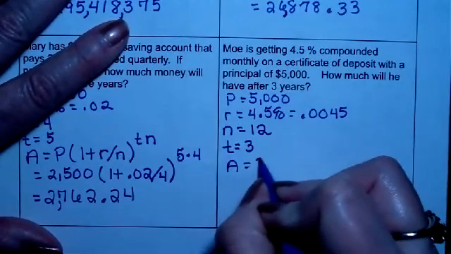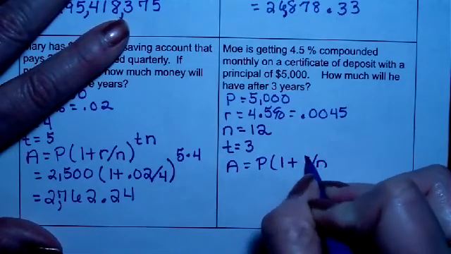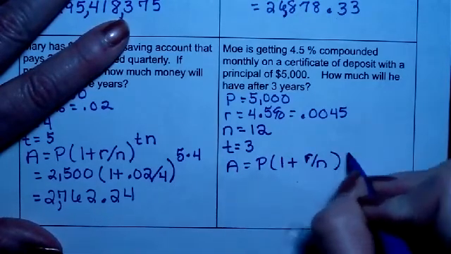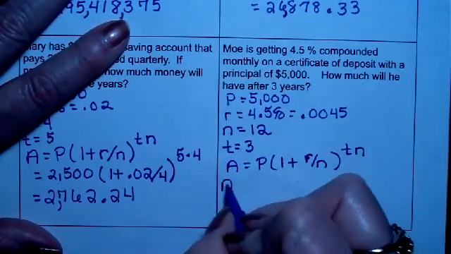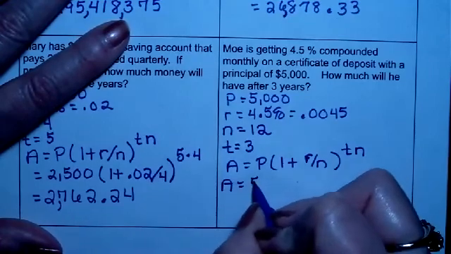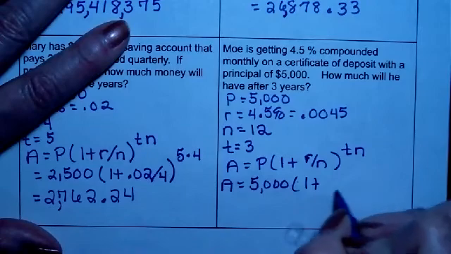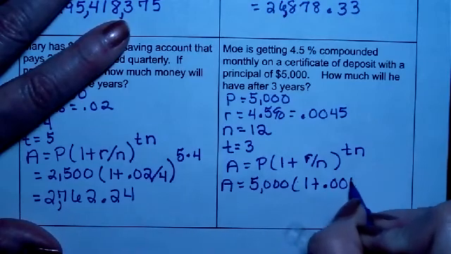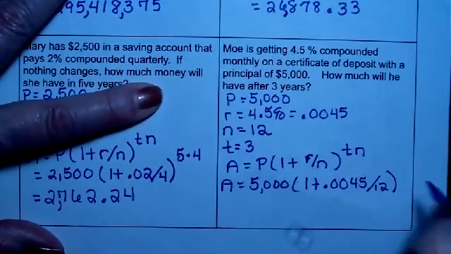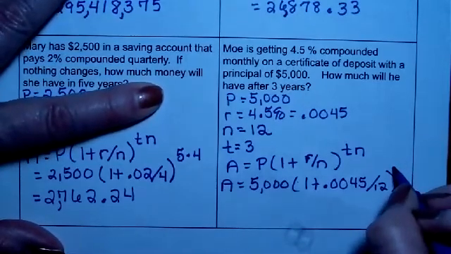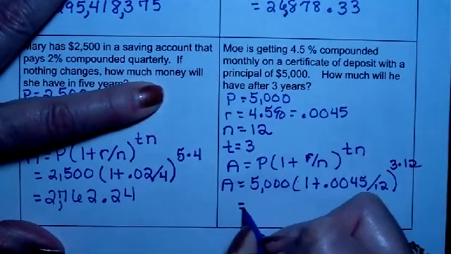Now let's put this into our new little formula. A equals P parentheses 1 plus R divided by N. That's an R right there. Close the parentheses and T times N. So A is equal to 5,000 parentheses 1 plus 0.0045 divided by 12. Close the parentheses, and that's going to be 3 times 12 power.